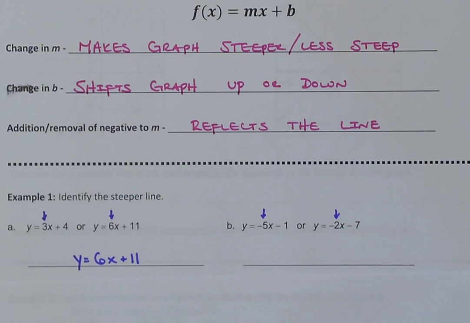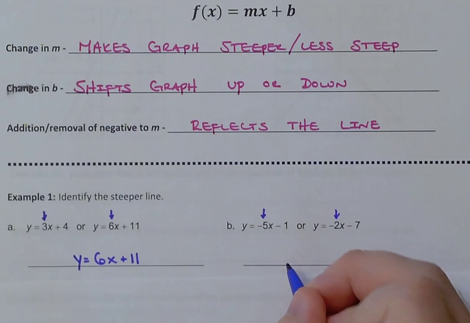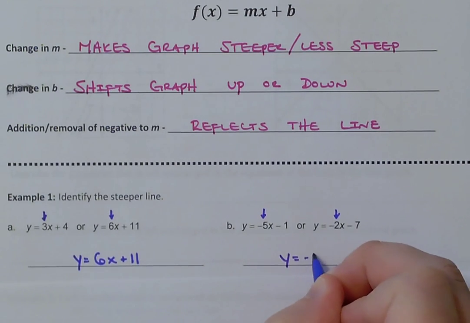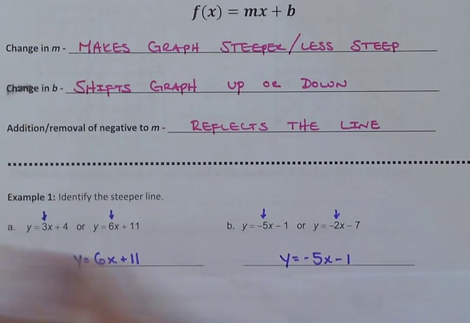Okay, 5 is greater than 2, so that makes the equation y equals negative 5x minus 1 the steeper line. Don't worry about the fact that negative 2 is actually greater than negative 5. Just focus on between 5 and 2, which one is larger. Just like with 3 and 6, 6 is larger than 3, 5 is larger than 2.